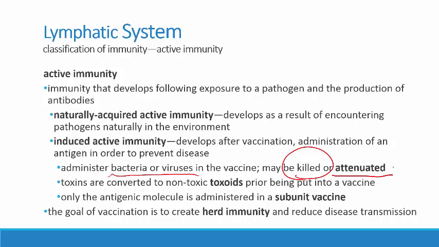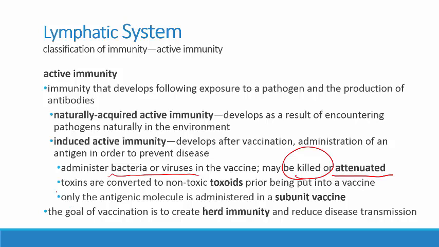If something is attenuated, that means that it has very little chance of causing a bad effect. They've been stunned enough that they can't really infect you, but they're there and present and available for their antigens so that we can produce a population of memory B cells.